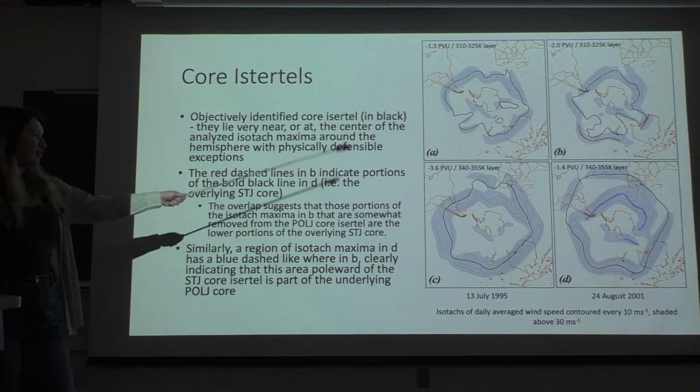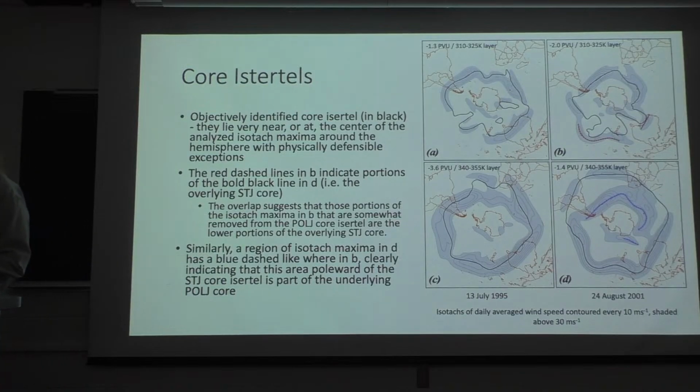And so it looks like they overlap where the maxima is. You can see it in both the subtropical jet overlapping the polar jet maxima, as well as in D where the polar jet overlaps the southern subtropical jet.